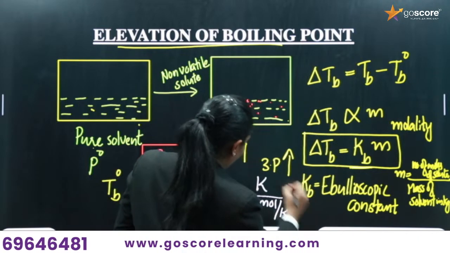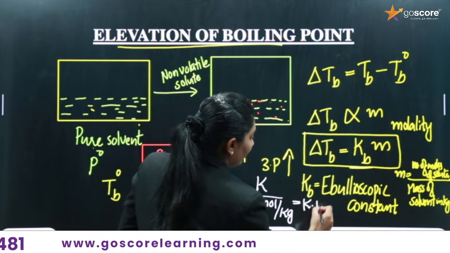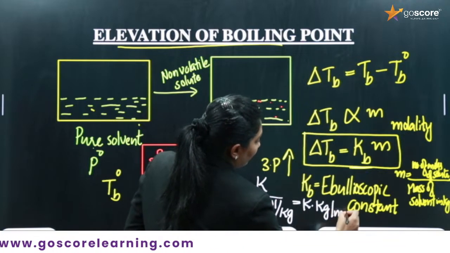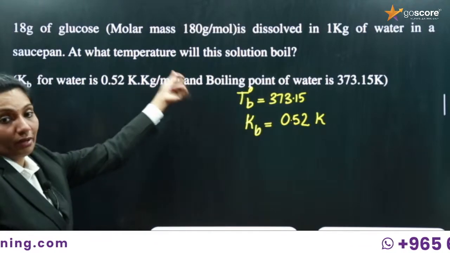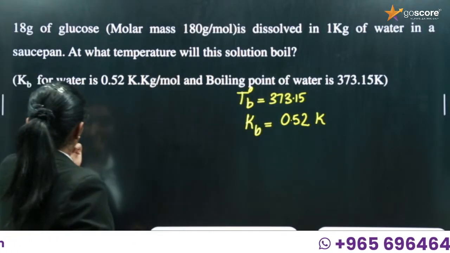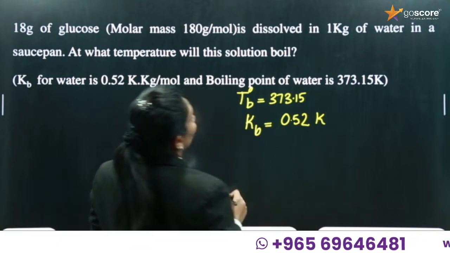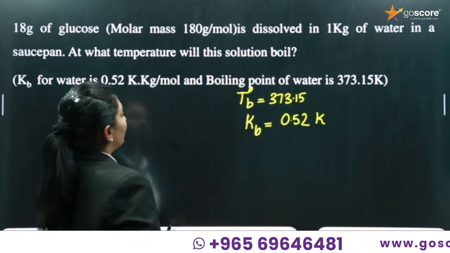So the unit of Kb will be Kelvin kilogram per mole. That is the Kb value for water, 0.52 Kelvin kilogram per mole.